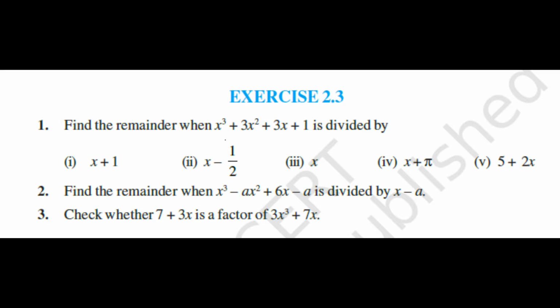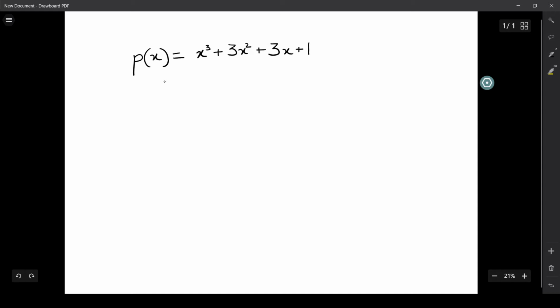Moving on to the fourth part. In the fourth part, the divisor is x plus pi. Now I'll equate x plus pi is equal to 0 to get the 0 of the divisor, which is minus pi. And according to the remainder theorem, the remainder when I divide the polynomial with x plus pi will be that value of the polynomial at minus pi.